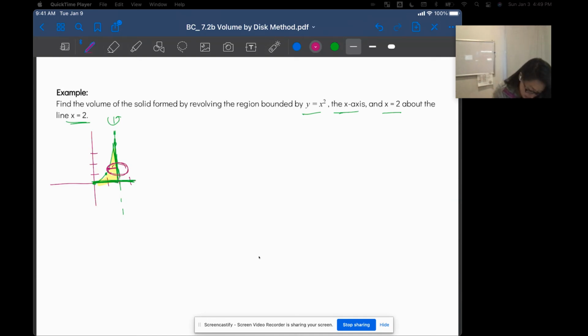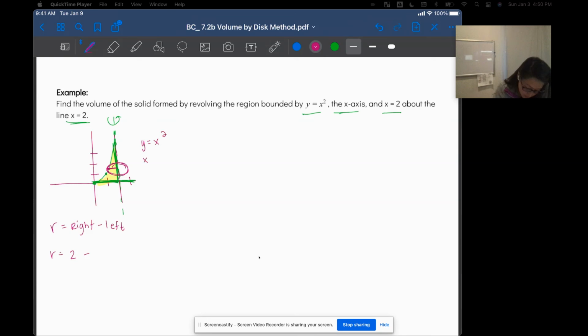Okay, so the radius is going to be equal to the right curve. Because it's horizontal, it's right minus left. This time the right curve is x equals 2, minus the left curve, which is y equals x squared.